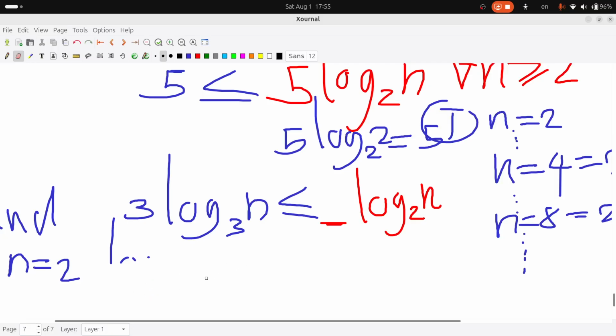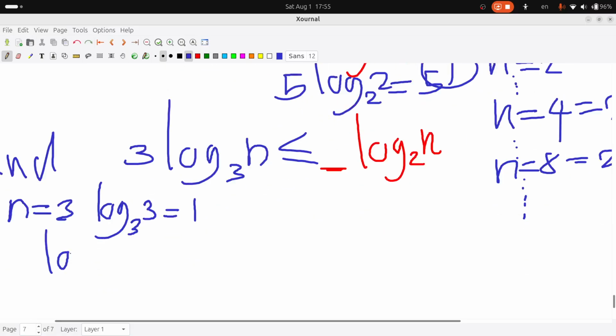We can just use n equal to 3. It will be easier for me. You can use n equal to 2, but you just have to prove that this inequality is true for some starting point. So for n equal to 3, log 3 base 3 is equal to 1, and we know that log 3 base 2 is estimated as 1 point something.